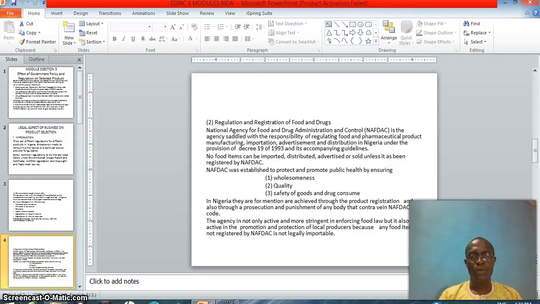2. Regulation and registration of foods and drugs. The National Agency for Food and Drug Administration and Control, NAFDAC, is the agency saddled with the responsibility of regulating foods and pharmaceutical products.